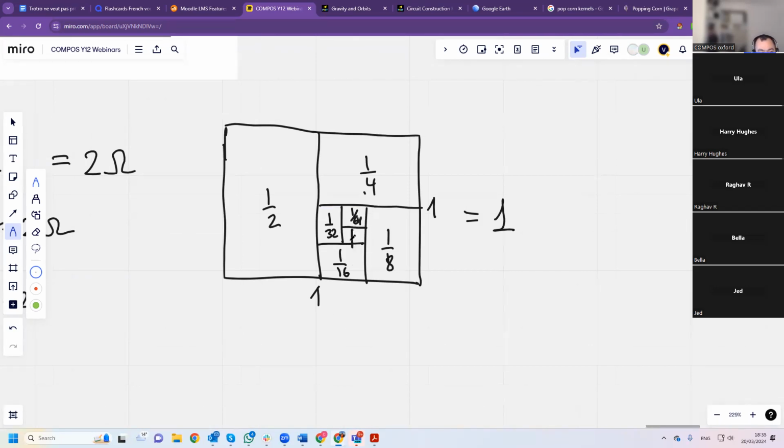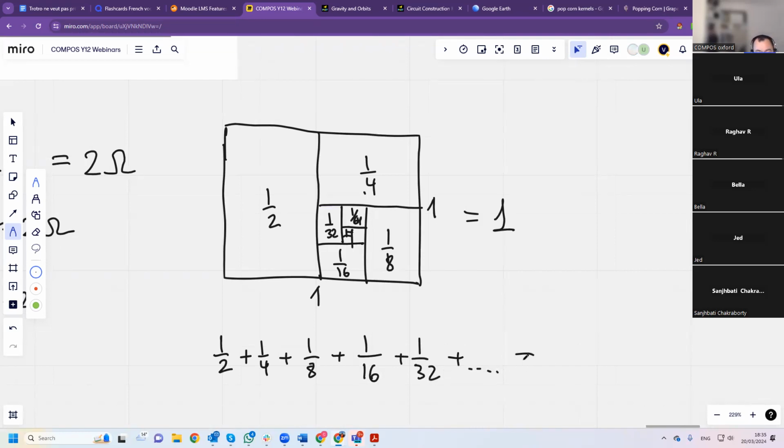But as you keep going, you're staying within this square. So you can say that 1/2 plus 1/4 plus 1/8 plus 1/16 plus 1/32 plus infinitely is 1.